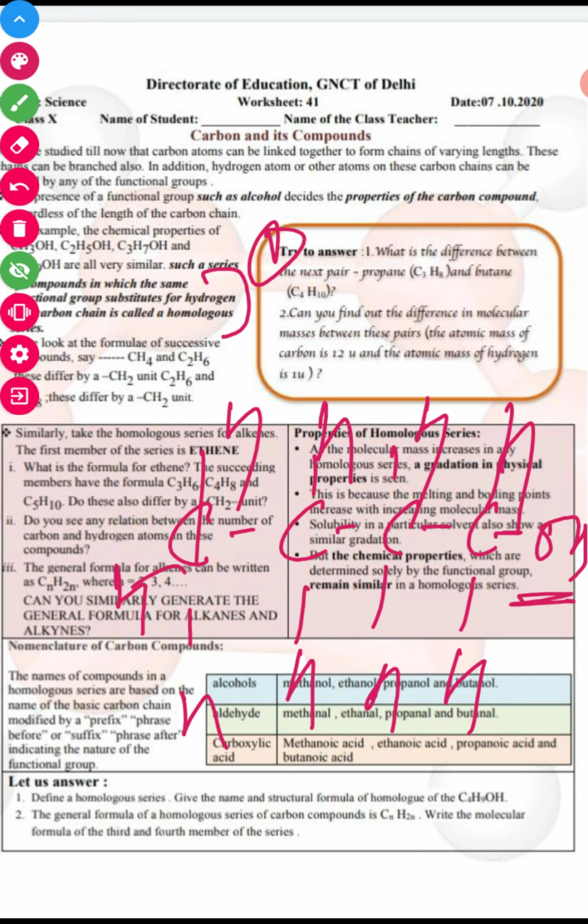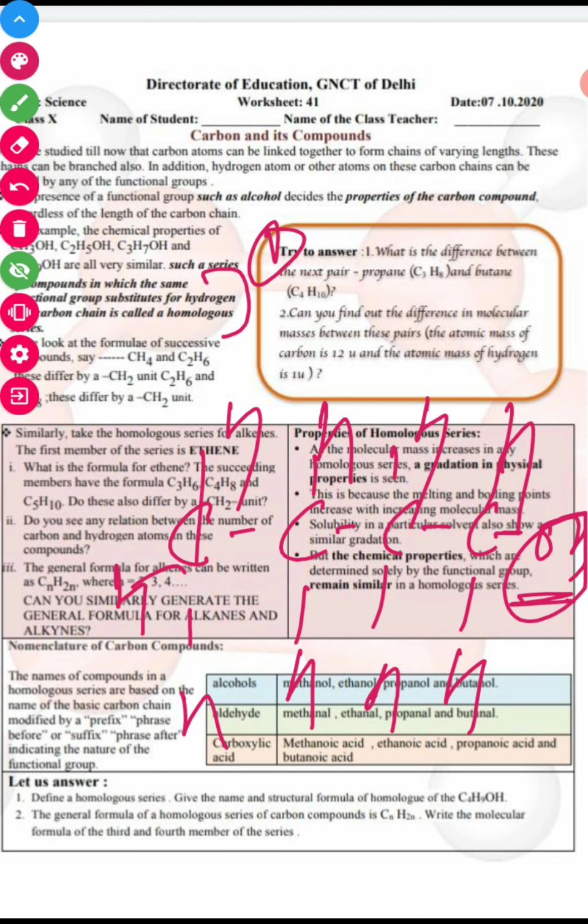You can use this OH. This is the right way of writing butanol. The OH group is there, butanol.